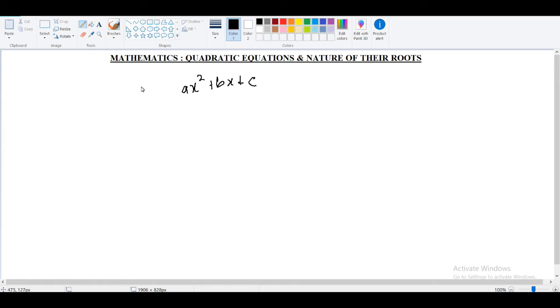So let's say this was a function of f of x. It's a quadratic because the highest power here is 2. So any equation or any polynomial with the highest power of 2 is regarded as a quadratic equation.